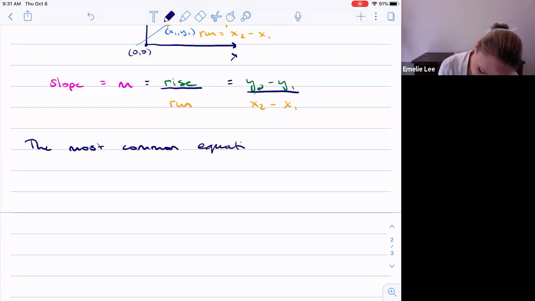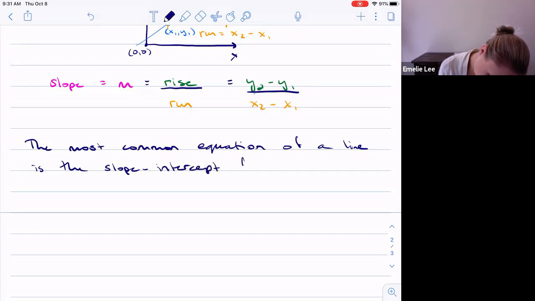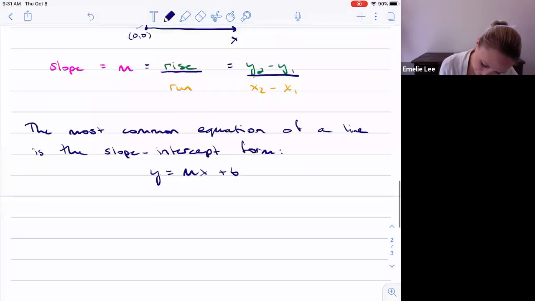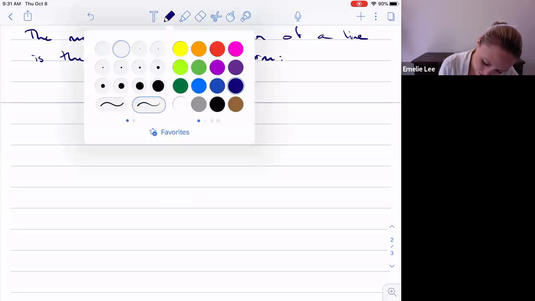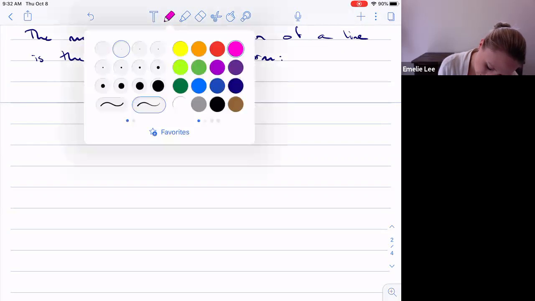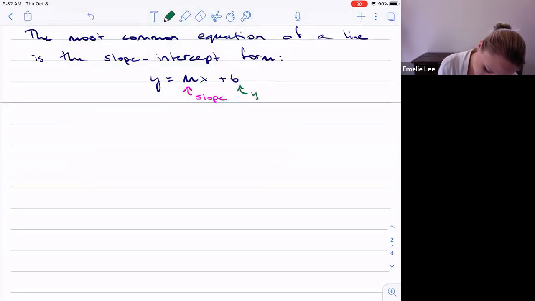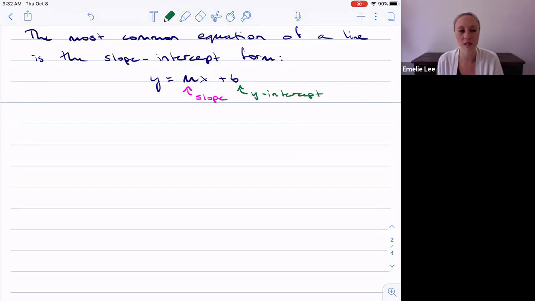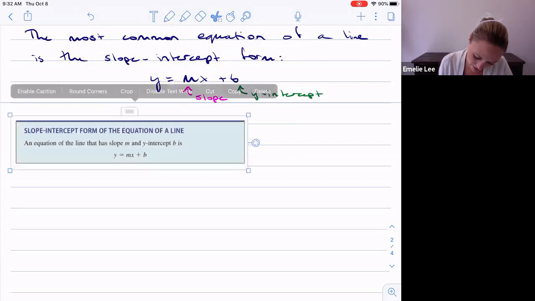The most common equation of a line is the slope-intercept form, which is y equals mx plus b, where m is the slope and b is the y-intercept, right, where it crosses the y-axis. So I'll paste this in here.